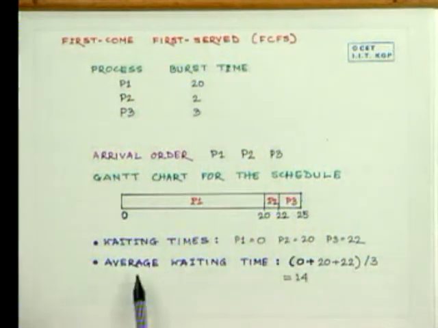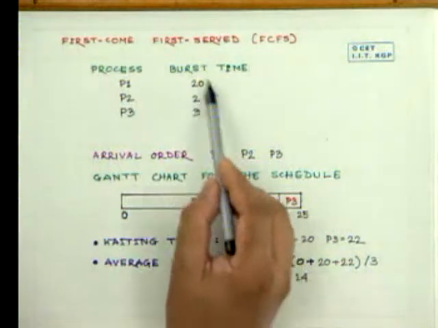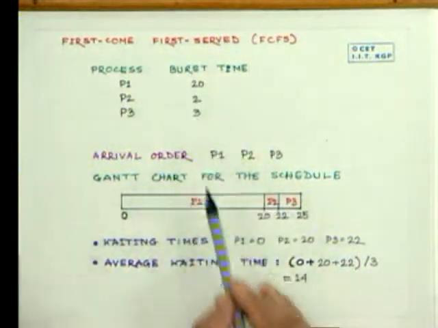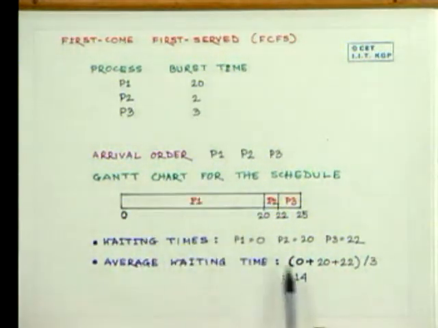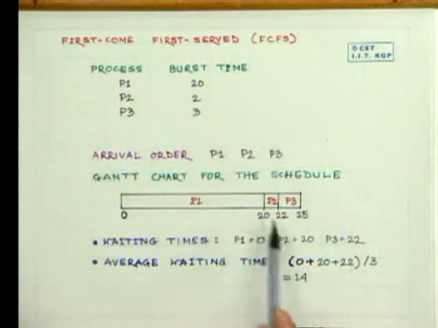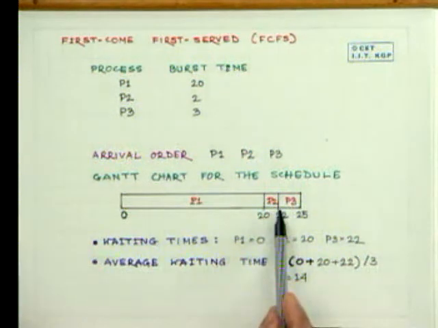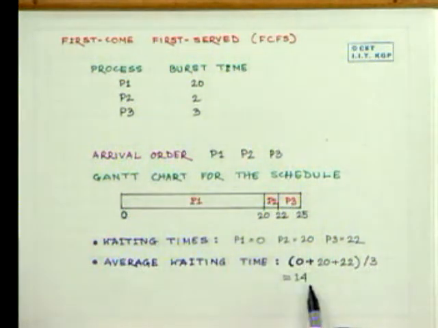And the waiting time for P1, P2 and P3 is 0 plus 20 plus 22, because 0 is the waiting time for P1, 20 is the waiting time for P2, and for P3 it is 22. Therefore, the average waiting time is 14.